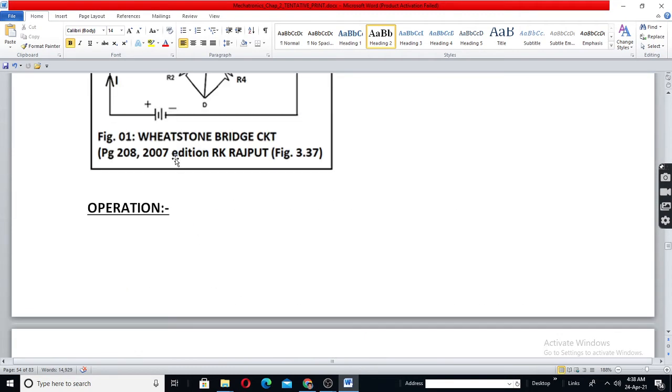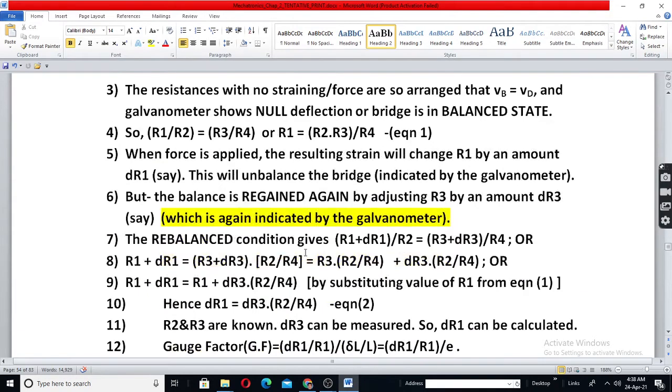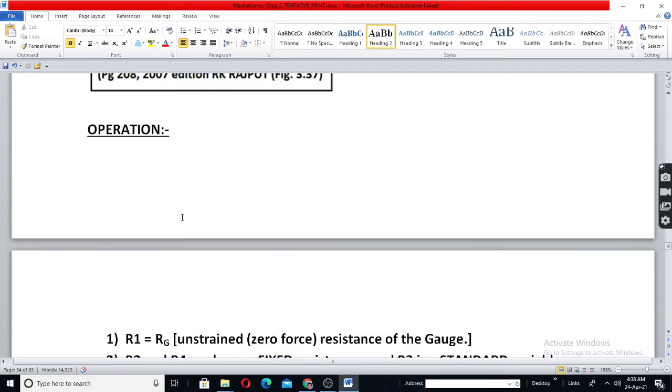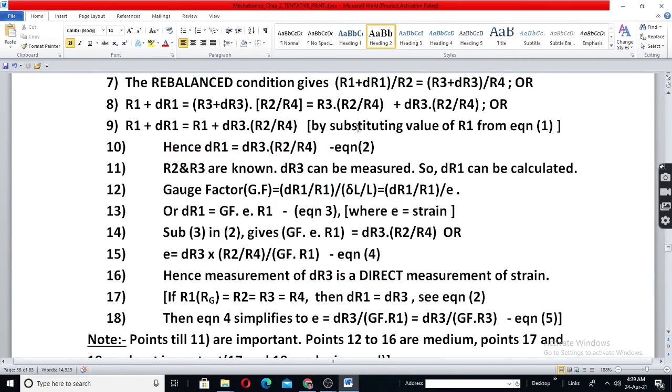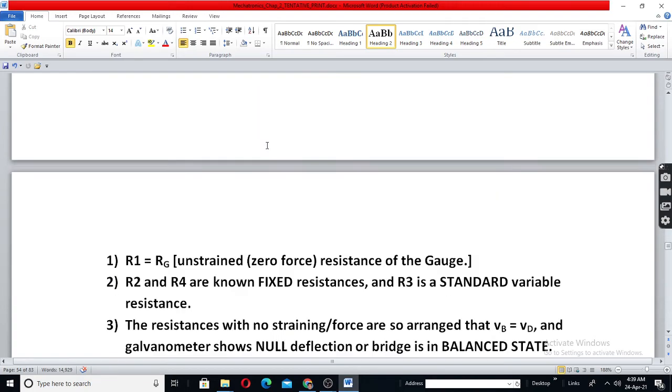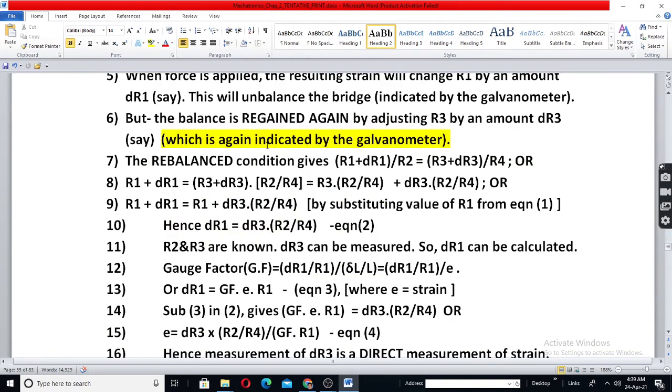You give the voltage here, you know that. Now you apply force. When you apply force, there will be a change in R1, the strain gauge resistance. Now you change R3 again such that the galvanometer indication becomes 0. So R3 will now become R3 plus dR3.